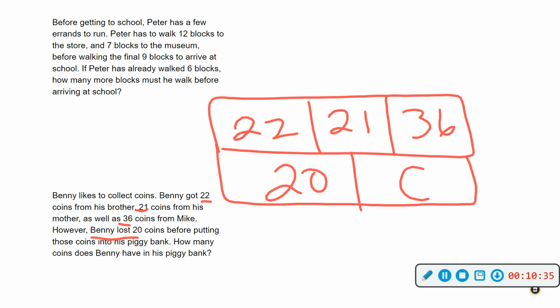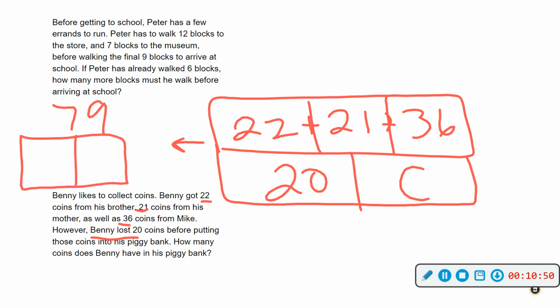So we have this simplified, which could be 22 plus 21, which we know is going to be 43. 43 plus 36 is 79. So that's a total of 79 coins, minus the 20 he lost, would give us the amount that he has.